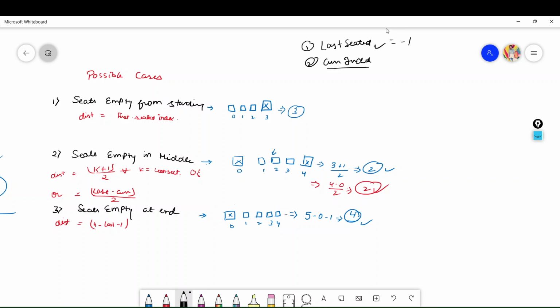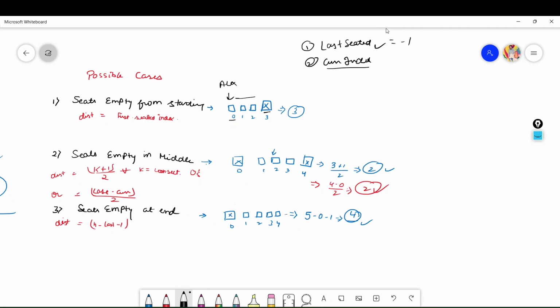And current we will use to iterate over our row, right? So in this situation, if the last seated index is -1, since no person is sitting till this third position, in this case, you can obviously tell that Alex will enjoy the maximum distance when he will sit at this first index, right? And since we don't have to return the index at which he is sitting, we just have to return the maximum distance possible in this case.